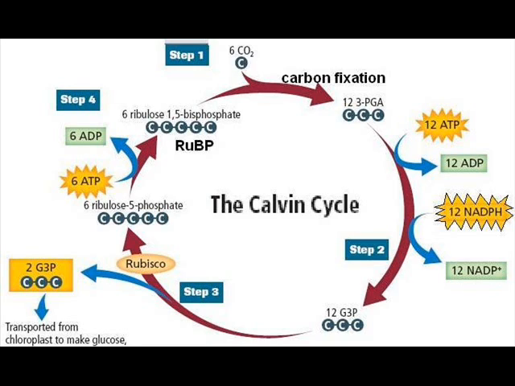So step 1 is the RuBP refix, or we call it carbon fixation, to refix the carbon in order to make 12 molecules of 3-PGA compounds. You don't need to worry about the name.